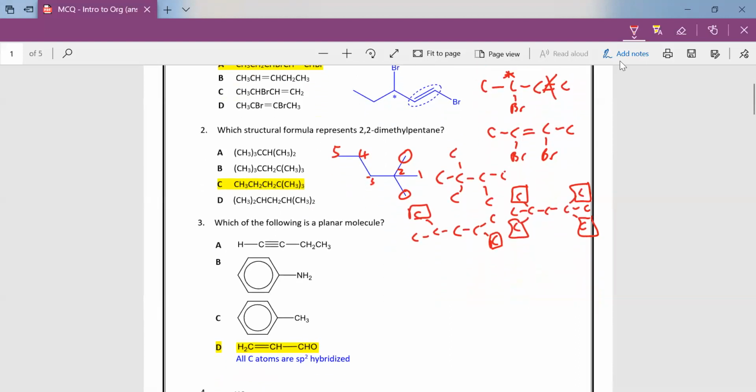For question 3, we're simply asking you to look for a planar molecule, which means that you cannot have sp3 hybridization. This N is sp3, this C is sp3, this C is sp3. For option D, all carbons are sp2 hybridized, so it is planar.